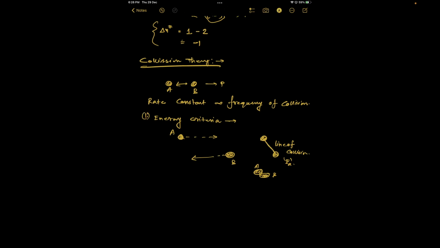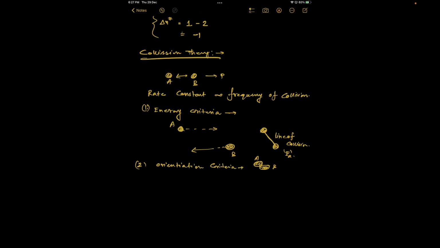This is the energy criteria, and the second one is the orientation criteria. In 3D, these are all like hard sphere, hard ball type of molecules, but in reality, molecules have some conformation or geometry.